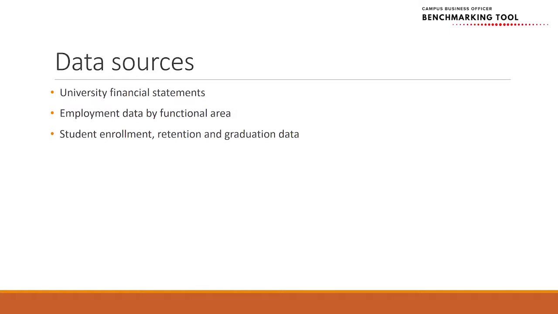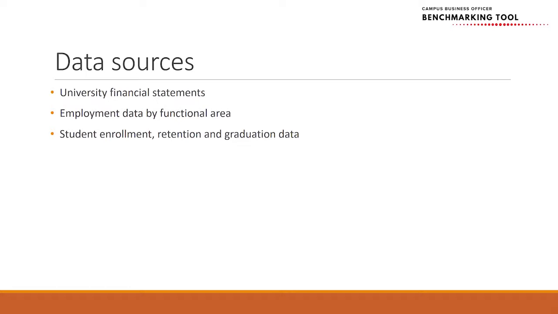It should all be readily available, so it's easy to take from existing sources for your institution and put into the database, and participation should be relatively easy. For most institutions, the first year might take a little bit longer, but after that, typically it's an hour or less to gather and report the data.